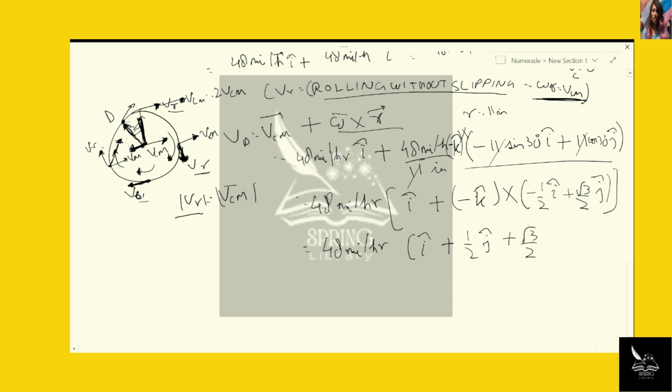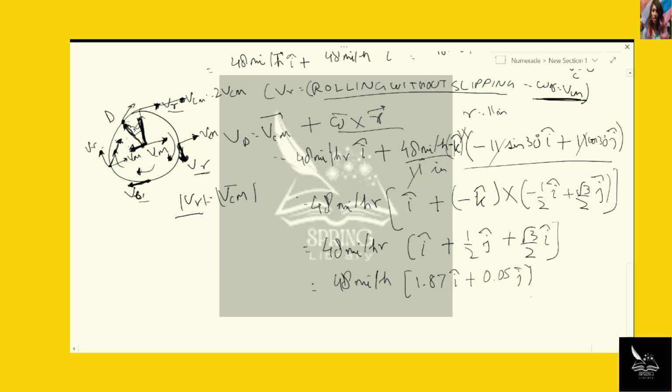So it's 48 miles per hour, and root 3 is basically 1.73, and 1.73 by 2 is roughly 0.86. So it's, let's just round it, 1.87 I plus half, 0.5 j.